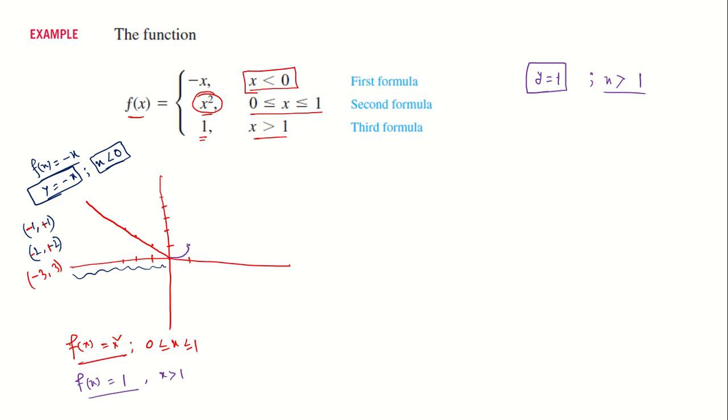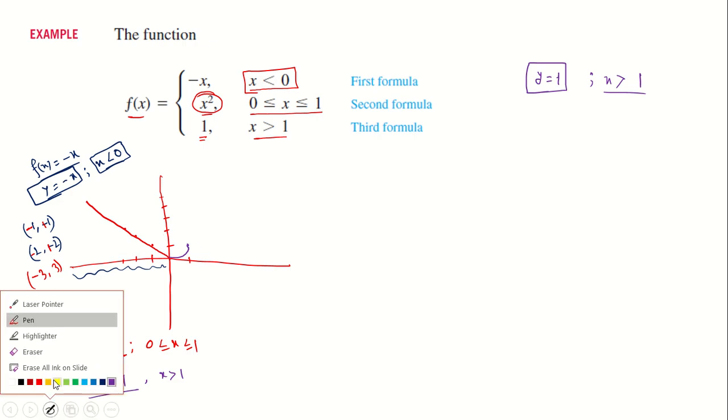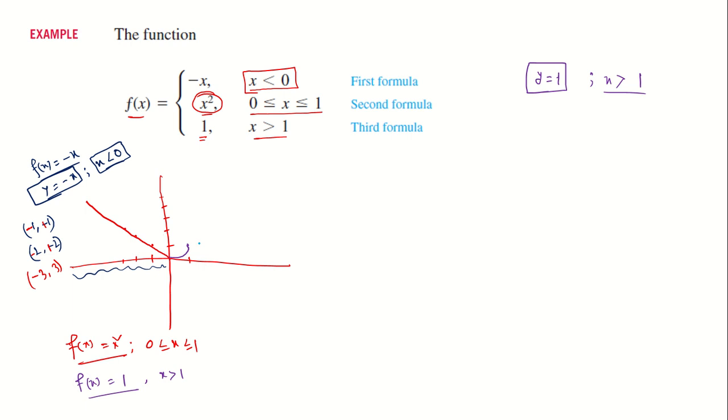So it will be a straight line, just like this. Good. So basically, a piecewise function is used for defining several functions under one function, right?